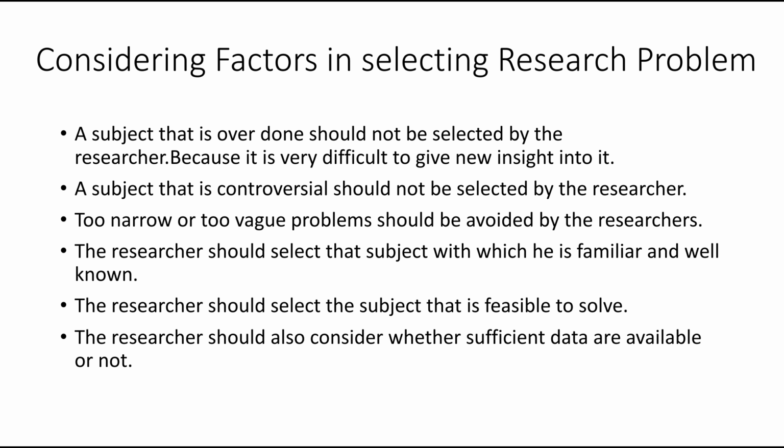In a word, considering factors of selection in the research problem can help the researcher to conduct the research effectively and efficiently. These are the factors in selecting a research problem.